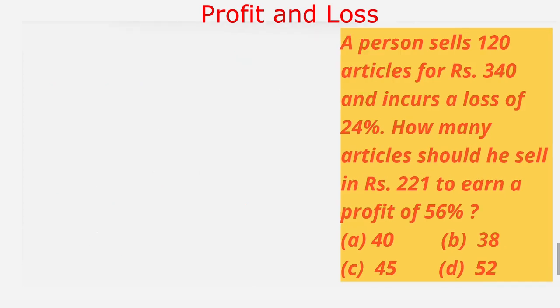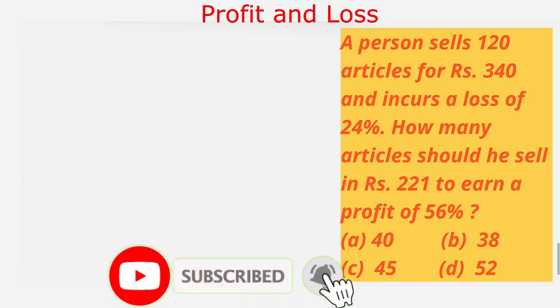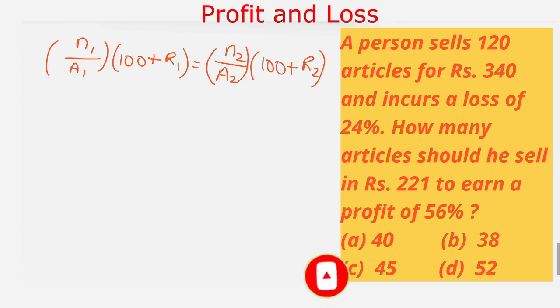We solve this question by another direct formula method, and we write the formula. The formula is N1 upon A1 into 100 plus R1 equals N2 upon A2 into 100 plus R2.